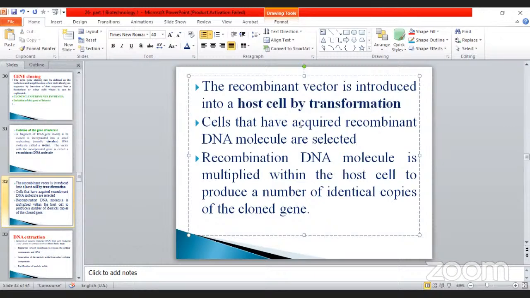Then cells that have acquired recombinant DNA molecules are selected. The recombinant DNA molecule is multiplied within the host cell to produce a number of identical copies of the cloned gene.